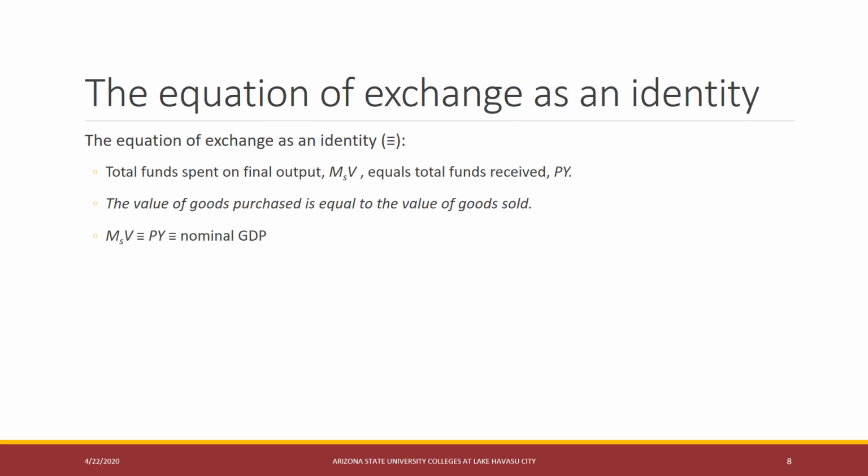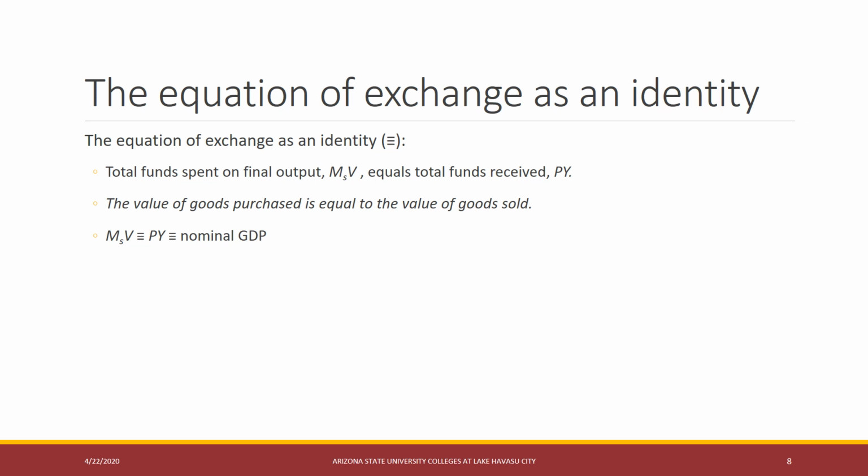The equation of exchange as an identity. The equation of exchange must always be true. It is an accounting identity. The equation of exchange states that the total amount of funds which is spent on the final output, that is MSV, is equal to the total amount of funds received for the final output, that is PY. Thus, a given flow of funds can be viewed from either the buyer side or producer's side.